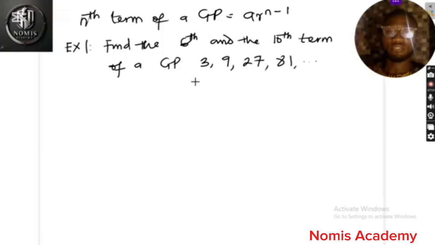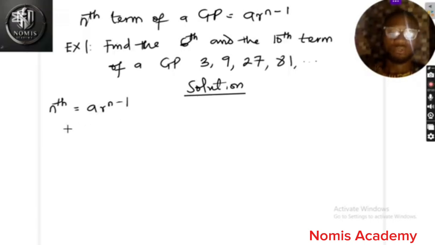Having known the formula, the nth term of the GP that we are solving here is A R to the n minus 1. So we are looking for the sixth term. So the sixth term is equal to, the first term here is 3. Now what is our common ratio?